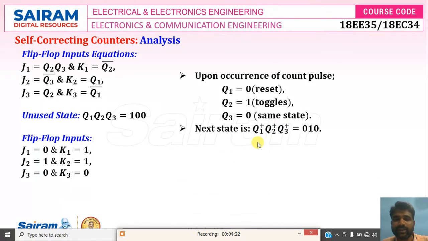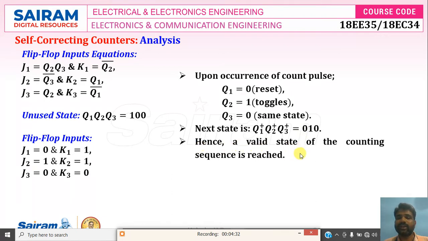So the next state is 010. Clear now? This 010 is a valid state of the counting sequence is reached. So no problem: if unused state 100 occurs, it goes to the next state 010.